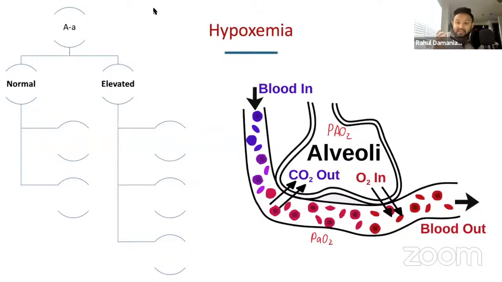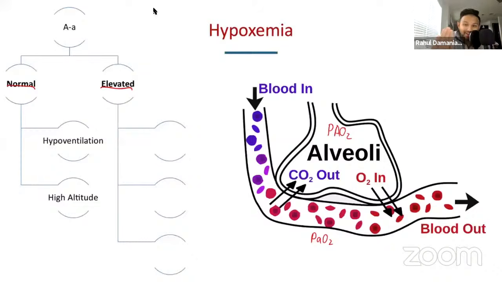And there are entities of hypoxemia that give you a normal A-a gradient as well as an elevated A-a gradient. So when we think about a normal A-a gradient cause of hypoxemia, you're going to be thinking about hypoventilation and high altitude. And what's really important for us to recognize is that hypoventilation and high altitude are going to not affect the alveolar capillary membrane. That's important for us to know.